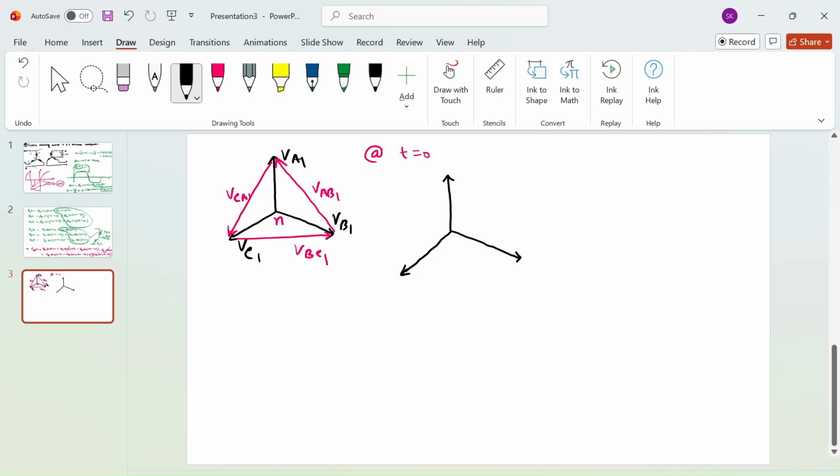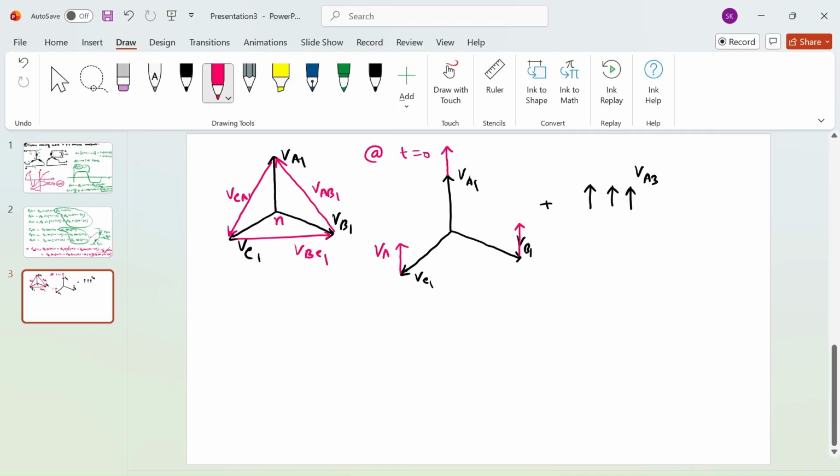So these are my fundamental quantity voltages VA1, VB1, VC1, and these are the third harmonic voltages that are all in the same phase, VA3. If you superimpose these two voltages, here it will be simply added, here also it will be added, here also it will be added.